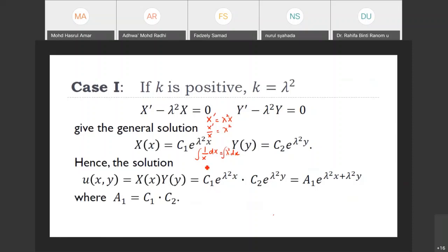Then this is ln X equals to lambda squared x. Okay, then X equals to C1 exponent lambda squared x. Alright, so I hope that you can recall the first chapter of ODE, how to solve first order differential equation. So this is actually the steps on how you can get this C1 exponent lambda squared x.